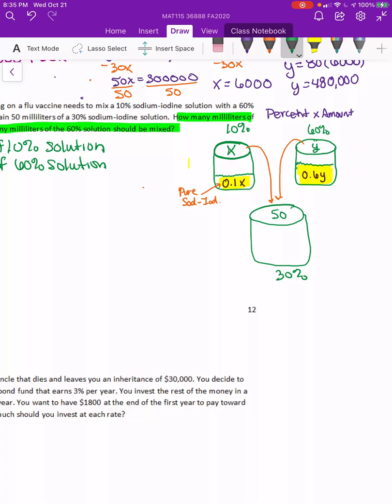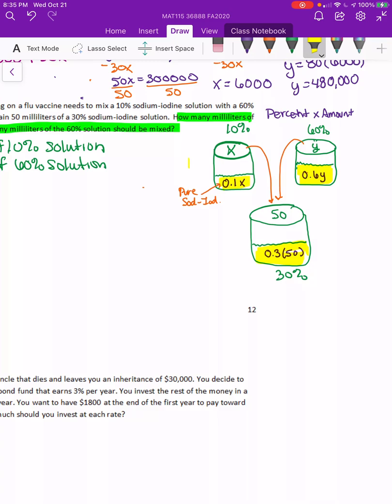So again, the amount of iodine in that solution is going to be 0.3 times 50. So it's the percent times the amount of liquid that we have. So it's 30% of 50. Okay. So again, this is the amount of that pure sodium iodine.